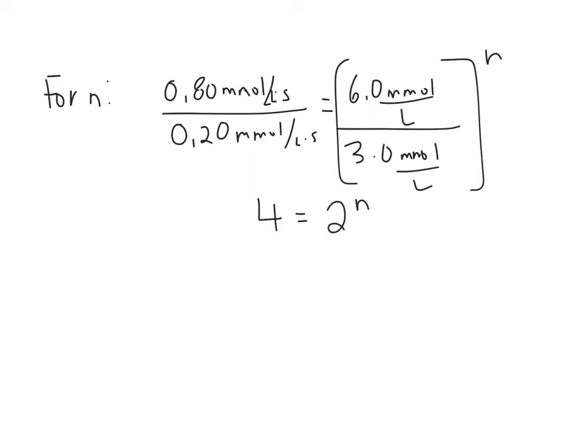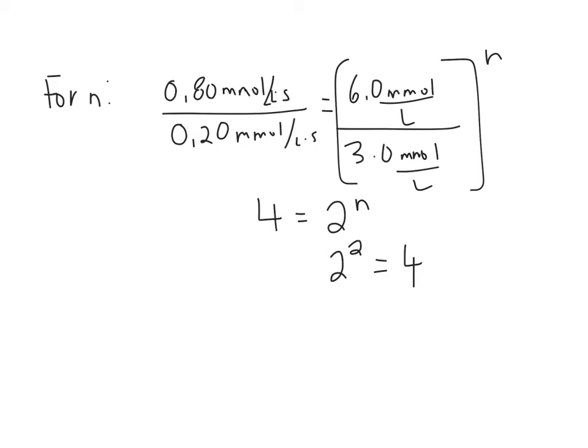So what number is n? We're not multiplying, we are doing exponents. So 2 to what exponent gives me 4? Well, n has to be 2. 2 squared equals 4.